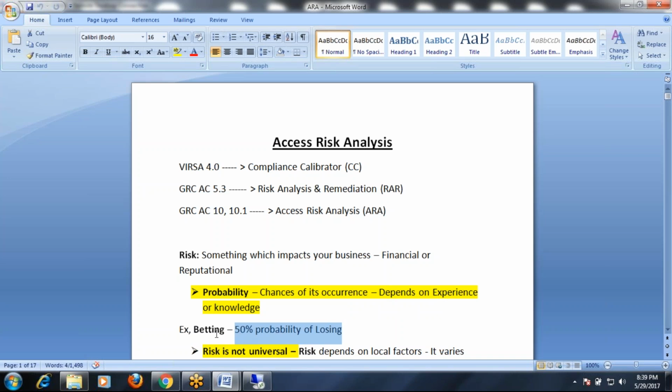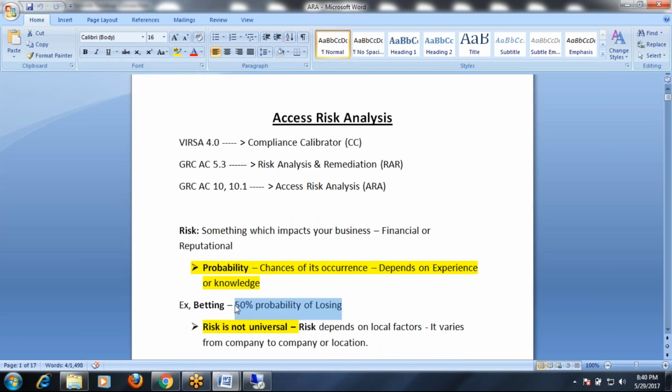This probability of losing can be decreased if you have very good knowledge of cricket, like the form of the team, who the members of the team are, and how the team has been performing on its home ground and foreign grounds. If you are well aware of that particular game, your chances of losing the bet will decrease. So that is probability.